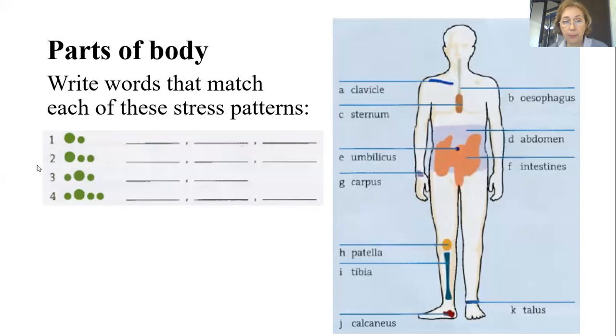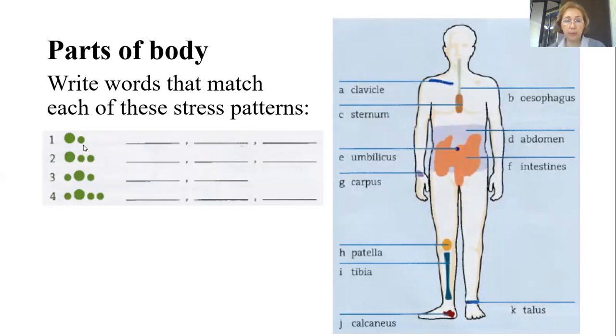In group 2, we should write 3 words from these parts of the body which consist of 3 syllables, and the first syllable should be stressed. Group 3, pattern 3: 3 syllable words, and the second syllable is stressed. And in group 4, 4 syllable words, and the second syllable should be stressed.